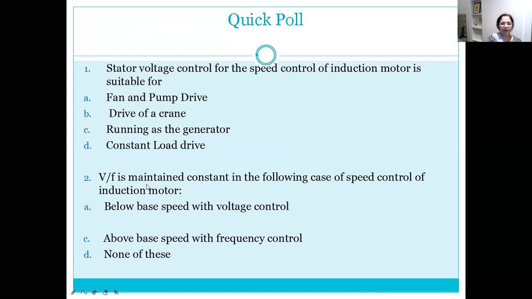Whereas V/F is maintained constant in which of the following cases of speed control of induction motor? There are four options available: below base speed with voltage control, below base speed with frequency control, above base speed with frequency control, and none of these. Now V/F is maintained constant. What is the correct option?